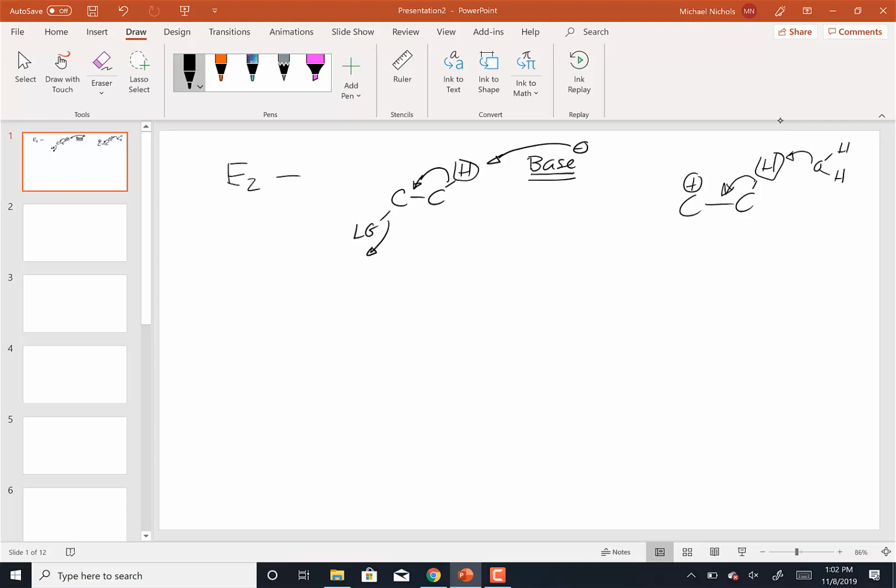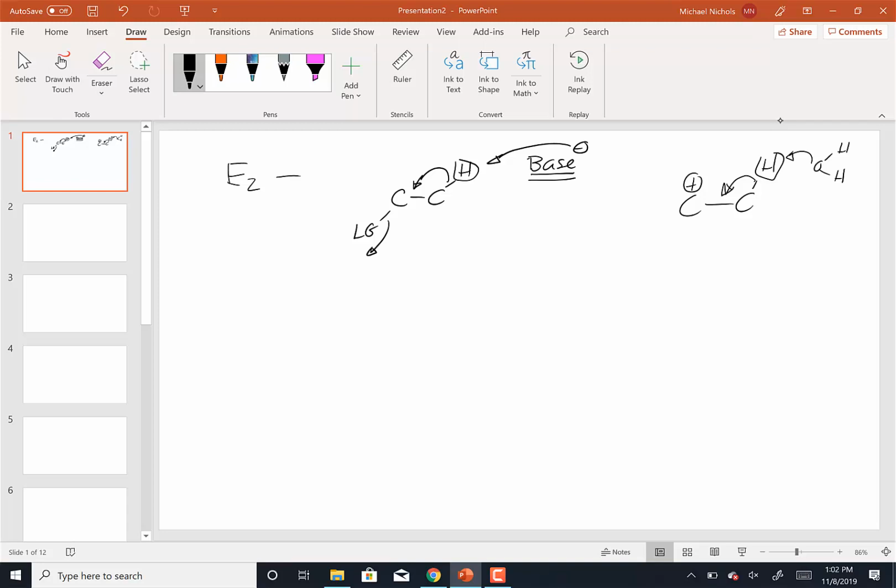If we use a strong base, it's always going to be E2. Always. Primary, secondary, tertiary, always going to be E2. Okay, we'll get to what kinds of bases in a few minutes. So that's one of the differences. The other difference is carbocation versus no carbocation.